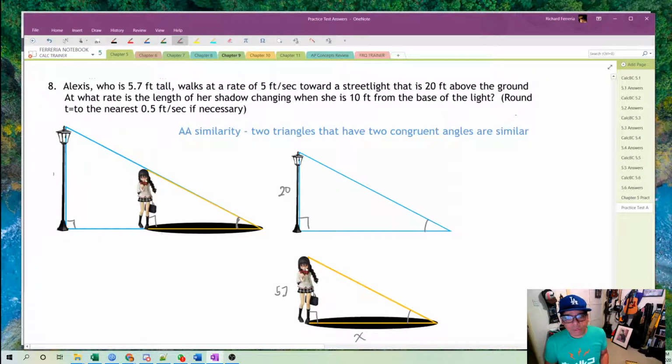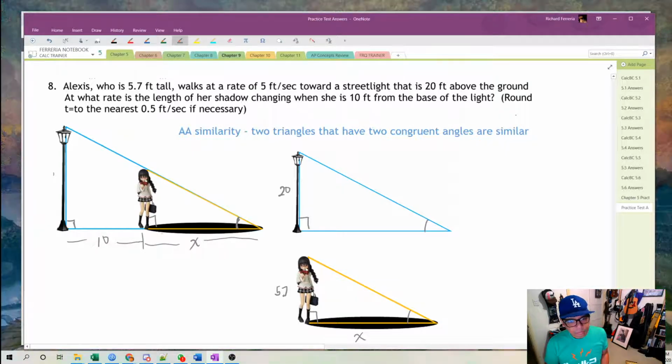The distance that Alexis is from the street lamp is 10. So when you put these two things together, the distance from the base of the lamp to the tip of the shadow is 10 plus x.